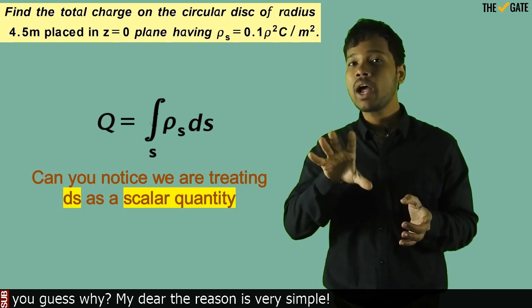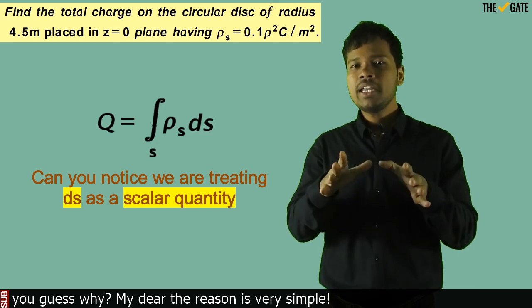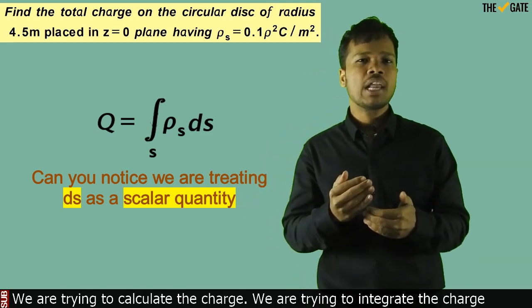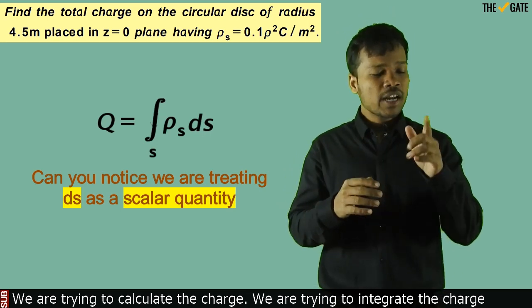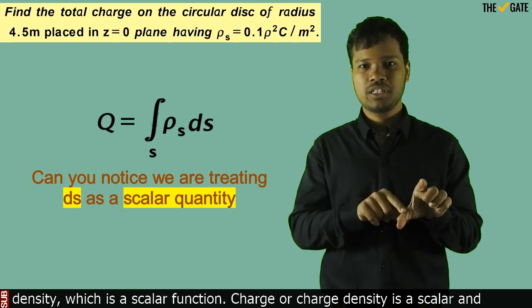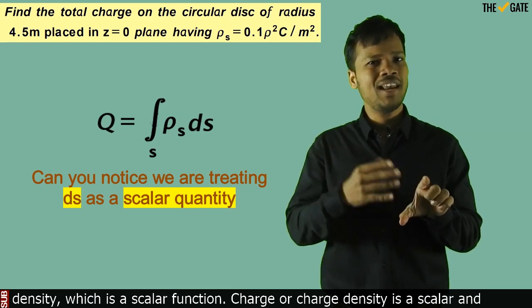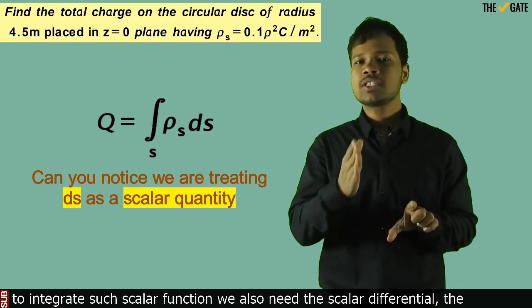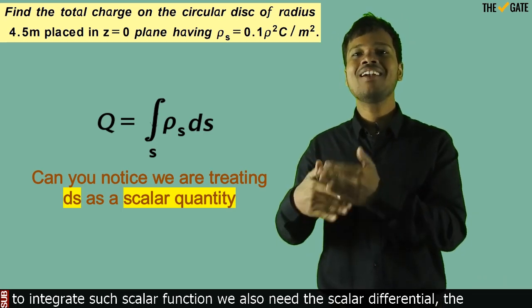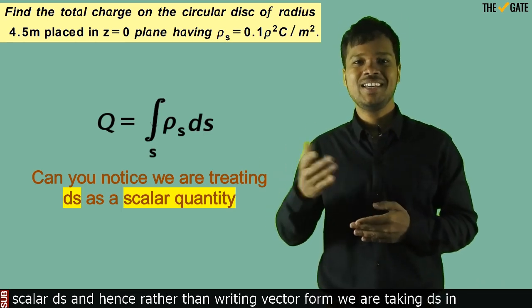But we are treating it as a scalar quantity in our answer. Can you guess why? My dear, the reason is very simple. We are trying to calculate the charge. We are trying to integrate the charge density, which is a scalar function. Charge or charge density is a scalar. And to integrate such a scalar function, we also need the scalar differential, the scalar ds.